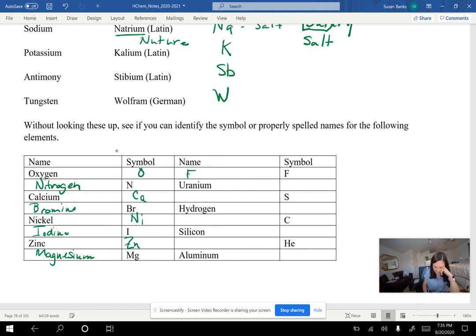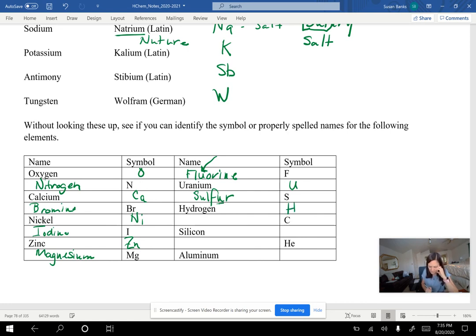F is fluorine. Now this is an interesting thing. We usually want to spell it like flour. It's different. The U comes before the O in fluorine, so be careful here. Uranium, the symbol is U. S is sulfur. And a lot of times we want to do an ER, it's a UR here.